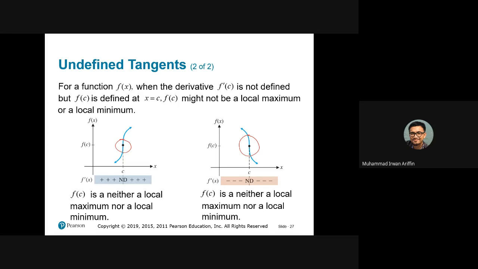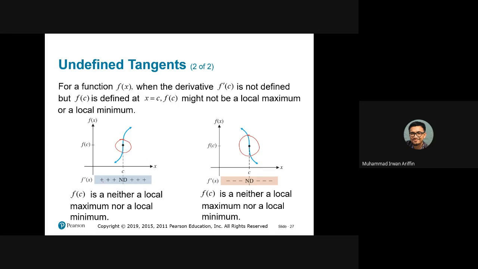Now, based on these 8 cases, 8 examples, you should already be able to conclude that by checking the sign chart, or the sign of the derivative, it would assist you in establishing whether that point is a local minimum, a local maximum, or neither.